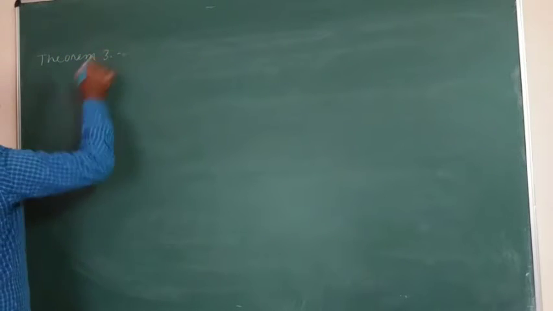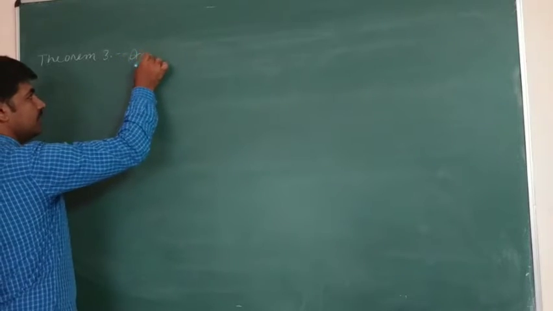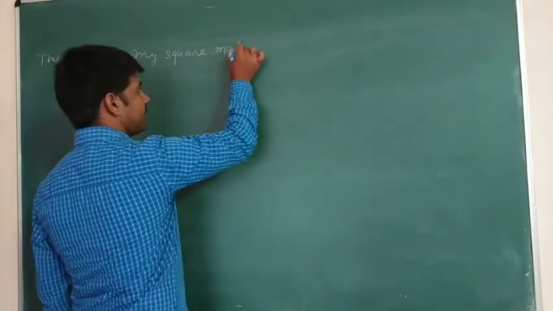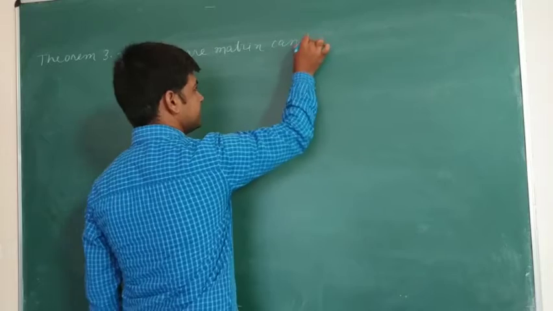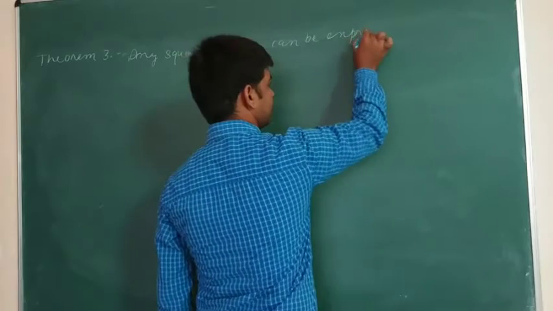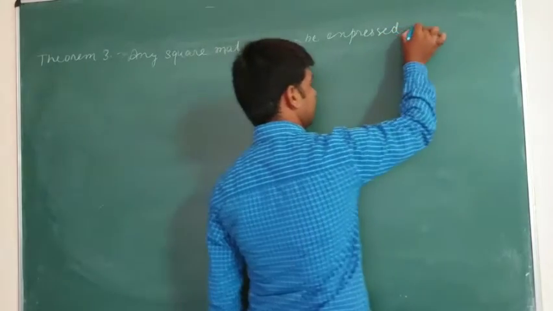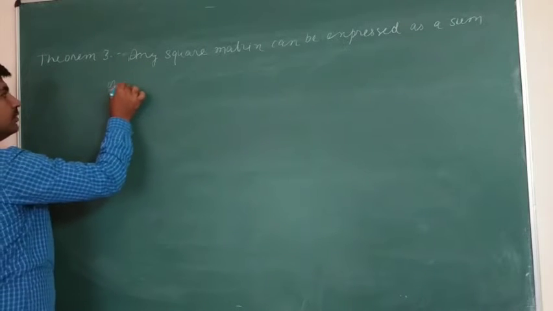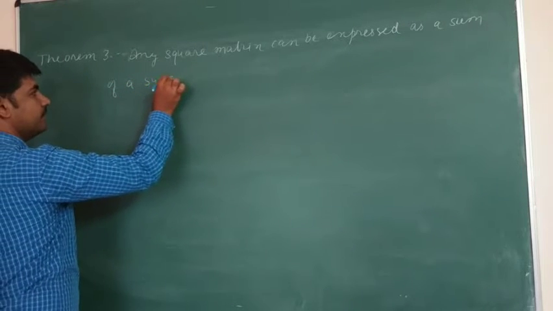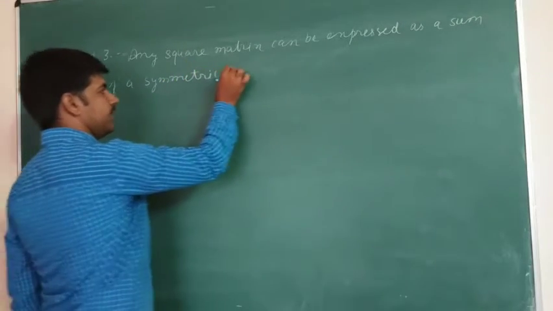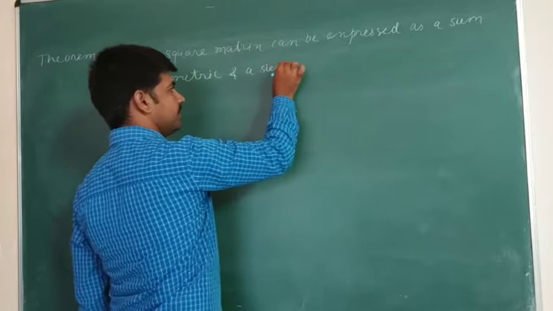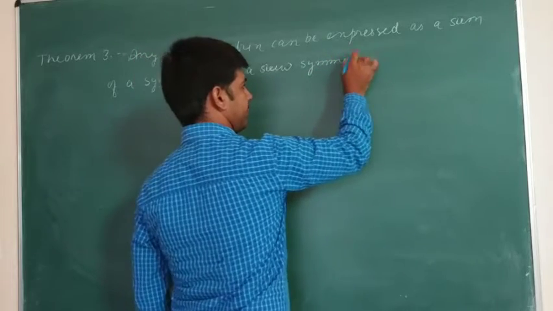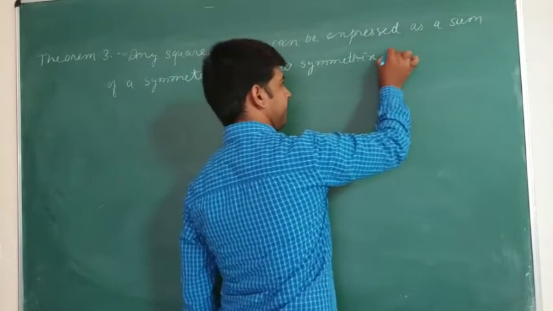Theorem number three, and the statement of the theorem is any square matrix can be expressed as a sum of a symmetric and a skew symmetric matrix.